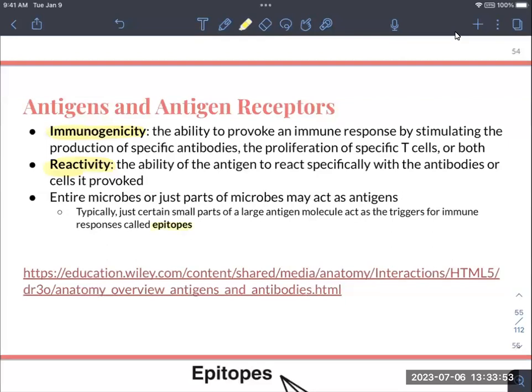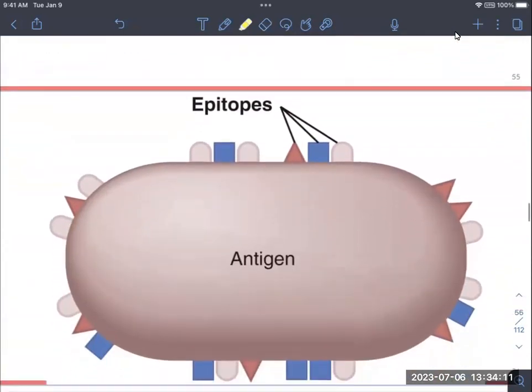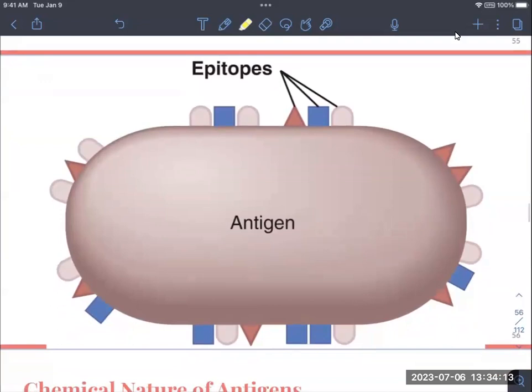These epitopes are just a small part of a large antigen molecule, and it kind of triggers immune responses. So it's just parts of that antigen. So this is an antigen.